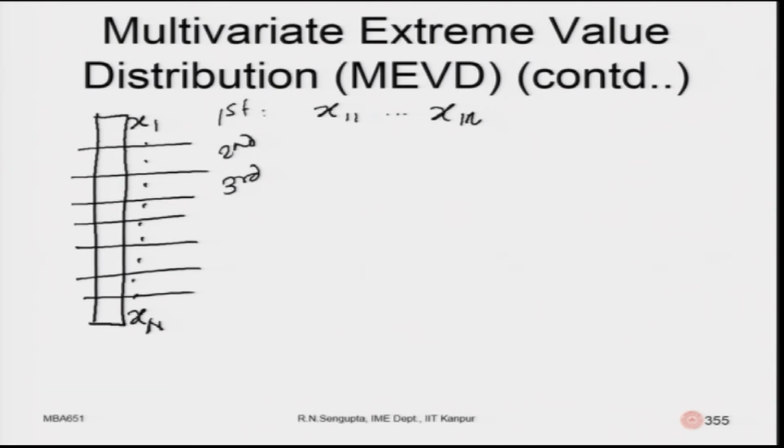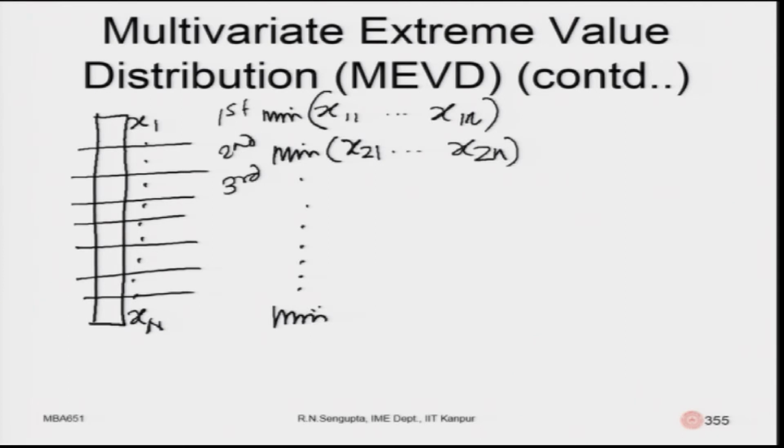So, what I do is find the minimum of the first block. Similarly, I take the minimum of x2, where the first 2 is the block number and the second index is the reading number, till x2n. I continue doing it for the last block, x n1 till x nn.